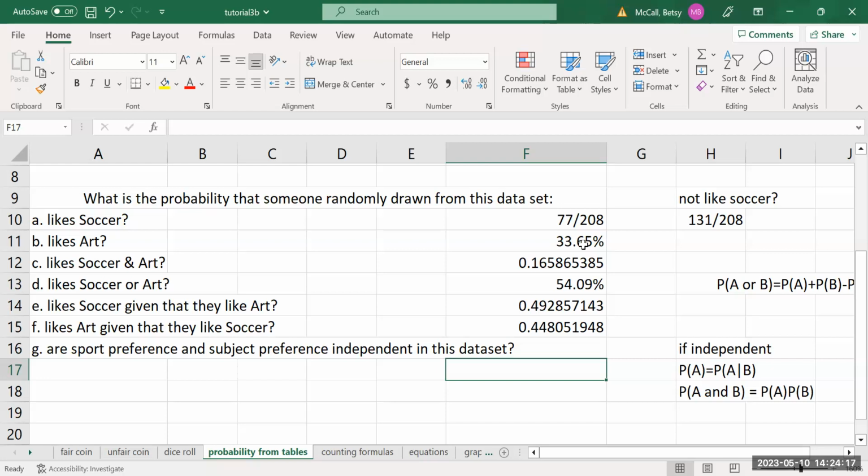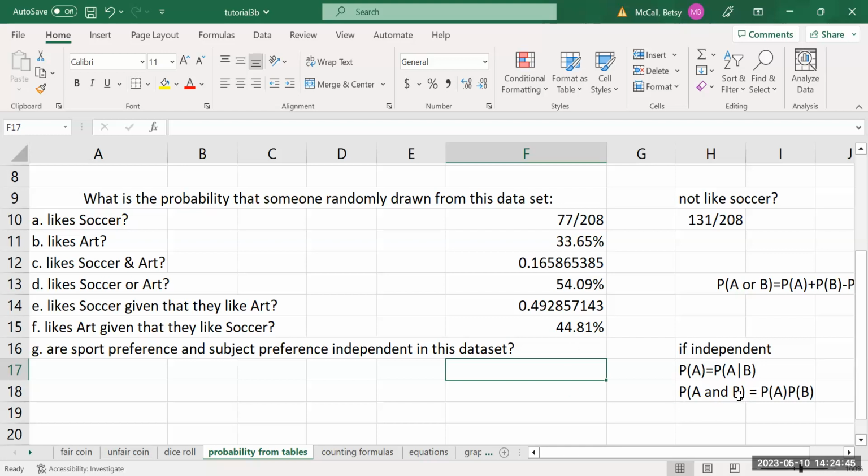The probability of art. Okay, well, that's 33.65%. What about the probability of art given soccer? Well, that is definitely not 33%. So that already tells us that these variables are not independent, because if they were independent, these two probabilities would be identical to each other.